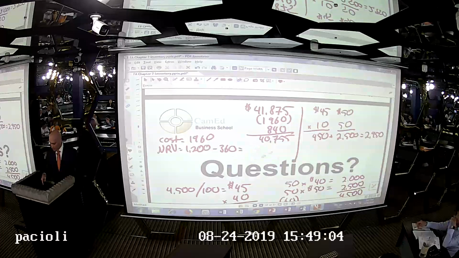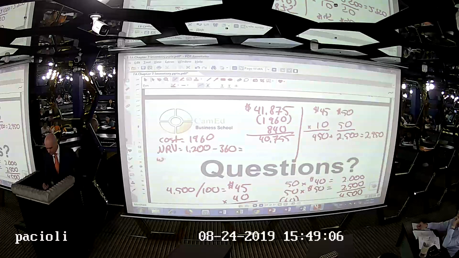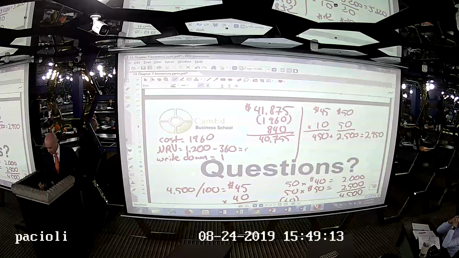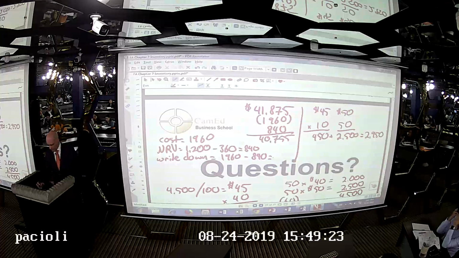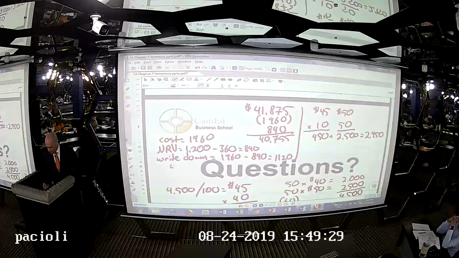The other way you could do it is you could get the write-down expense. The write-down expense is 1960 minus 840, which is 1120. And then we take 41,875 minus the write-down.